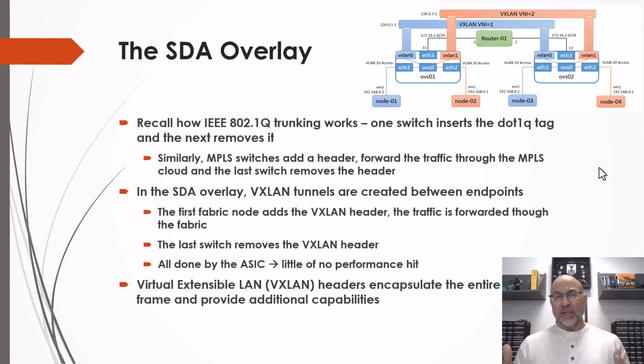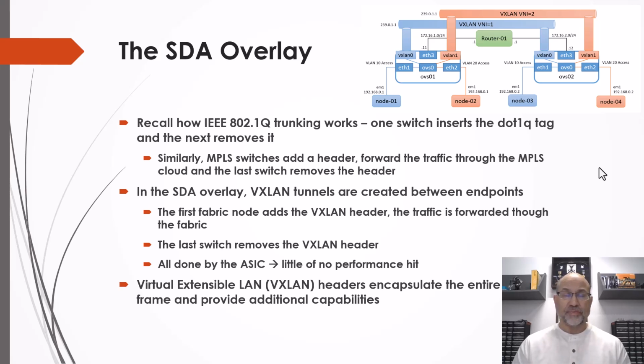Well, that sounds like a lot of work. In fact, .1Q tags, MPLS tags, and VXLAN tags add more work. But remember, in the last video, we talked about the application-specific integrated circuits, whose job it is to handle this kind of stuff specifically. And so that work is now done by the ASICs, and so it's little or no performance hit.